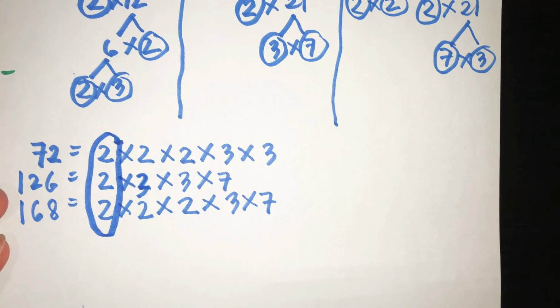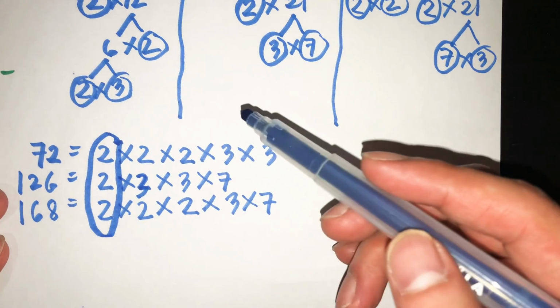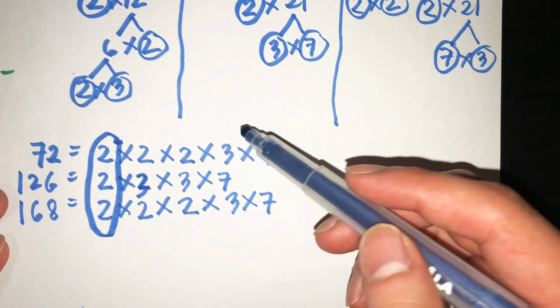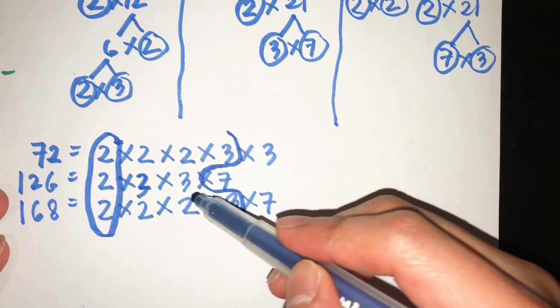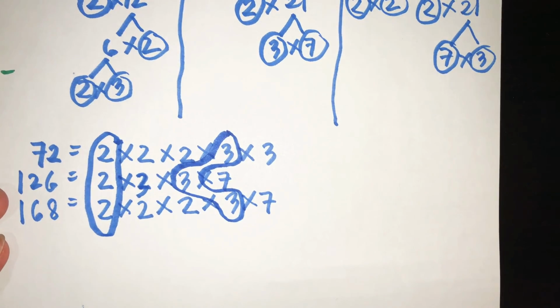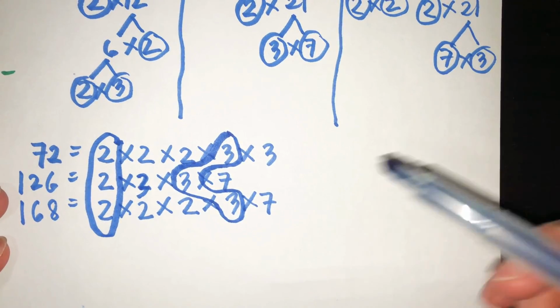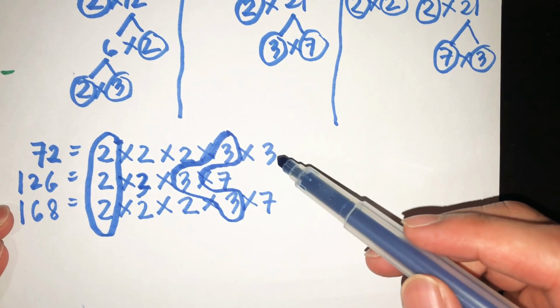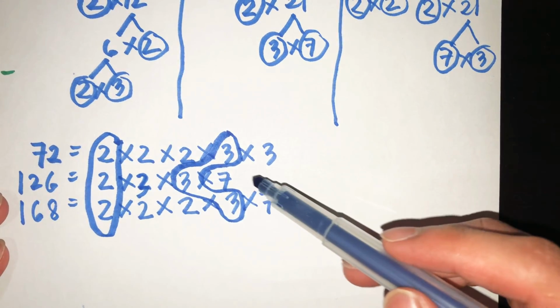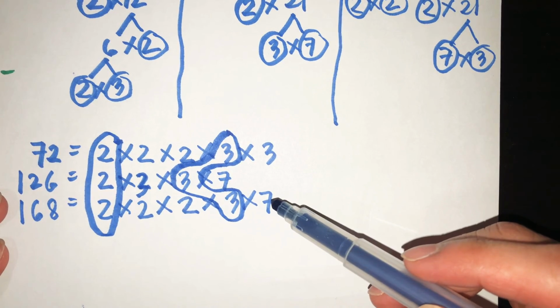Okay? What else? Then we can have this 3. Okay? Now as you can see, 7 is common for 126 and 168, but for 72 there's no 7, so we cannot count 7 as one of their common prime factors.